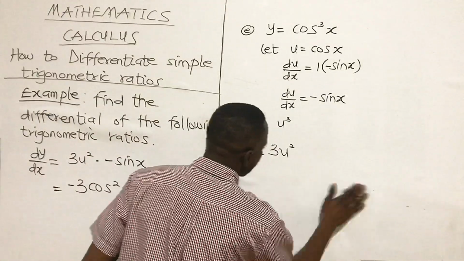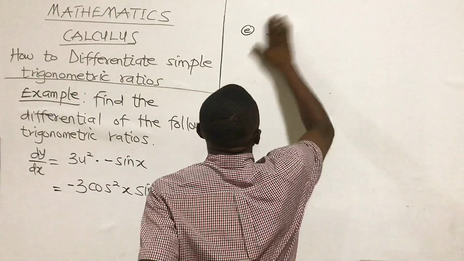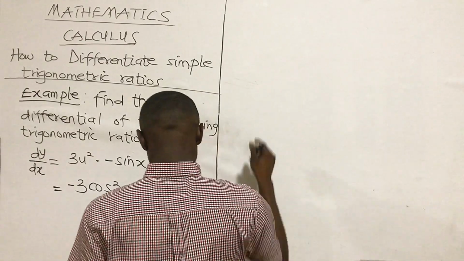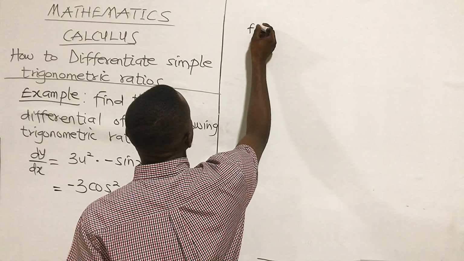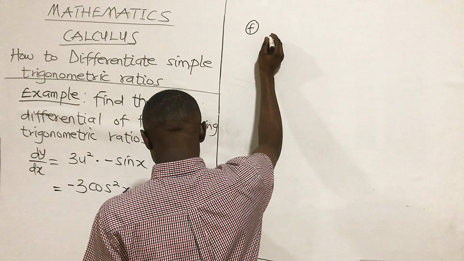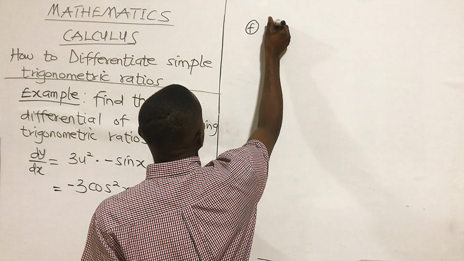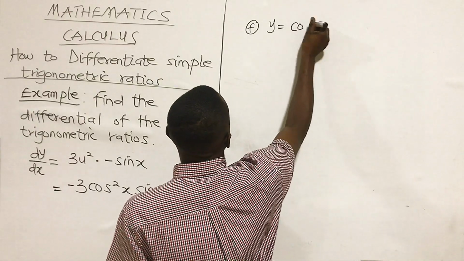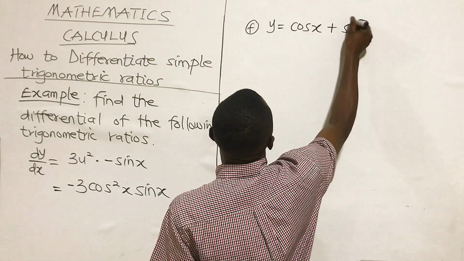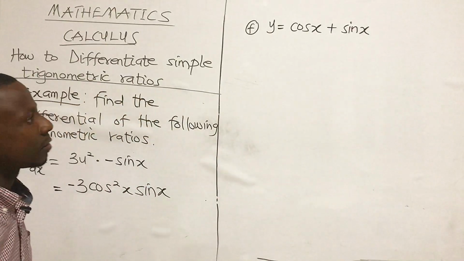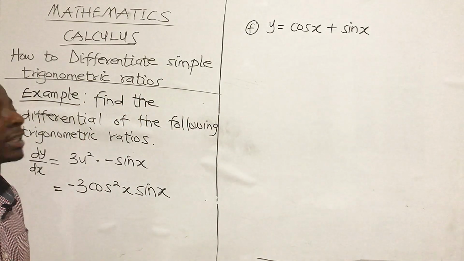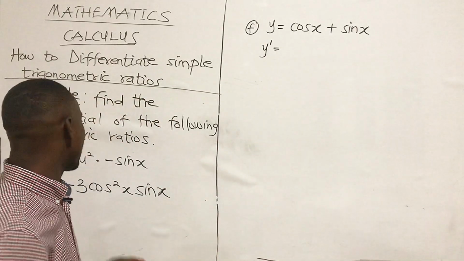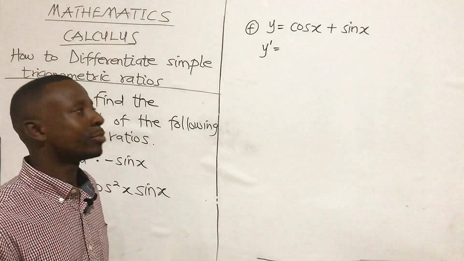F. We have y is equal to cos x plus sine x. So I'll make it y prime, because dy over dx is the same as y prime.